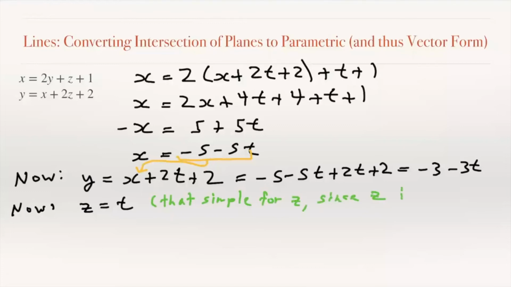Since z is t, we now have our parametric form in terms of the individual components, x, y, and z.